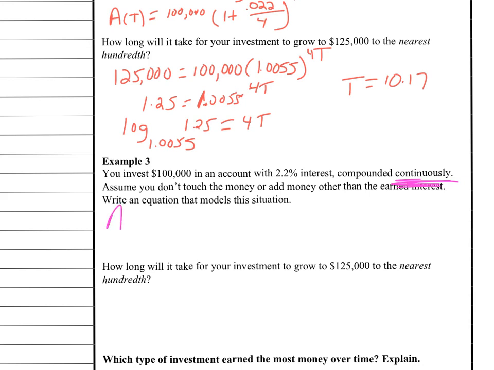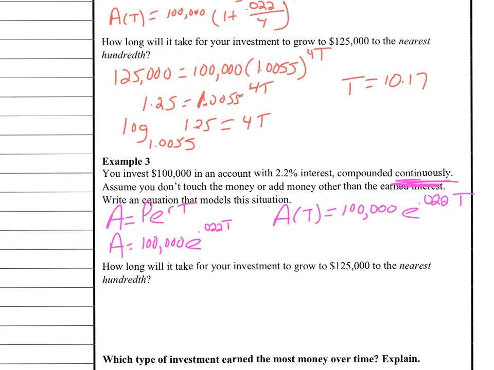So this is A of t equals P e to the rt. So we're going to plug in, the principal amount is again $100,000, e to the rt, 0.022t. And again, we can write it in function notation if we want to. Or you can write it either way, it doesn't really matter. That's fine.